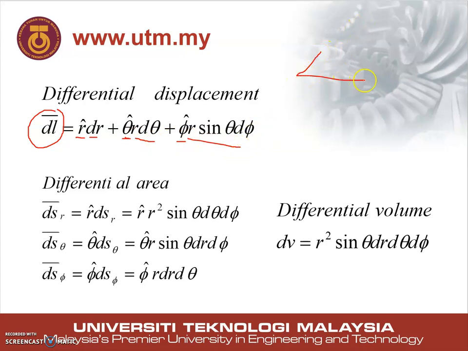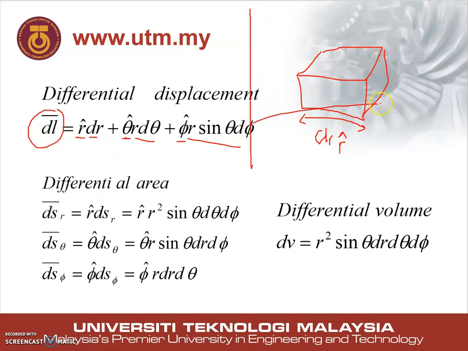For example, now we take out again. So dr is here, in the direction of r. And r d theta, if we consider this angle, this one is our z.